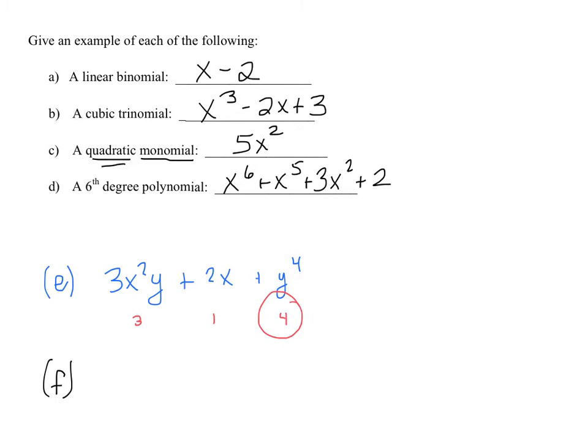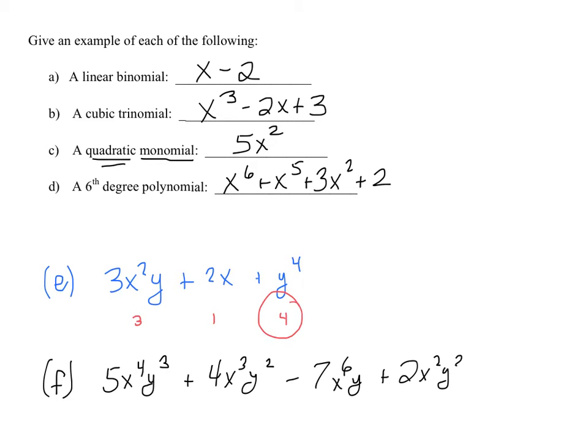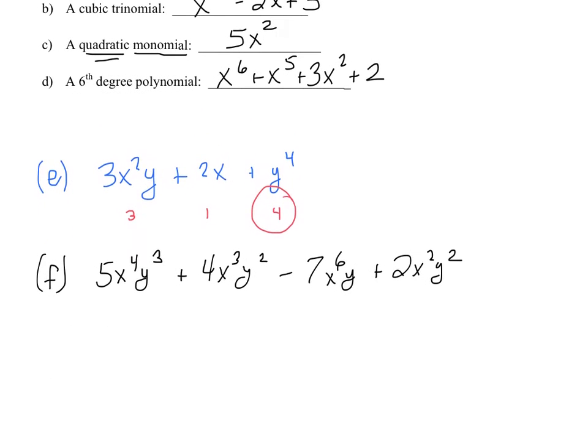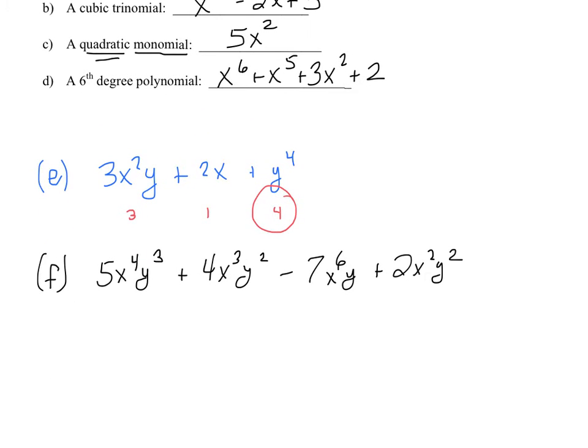One more, if I got 5x to the 4th, y to the 3rd, plus 4x to the 3rd, y to the 2nd, minus 7x to the 6th, y plus 2x squared, y squared. So again, you got a rather long polynomial here. Find the degree of every term.